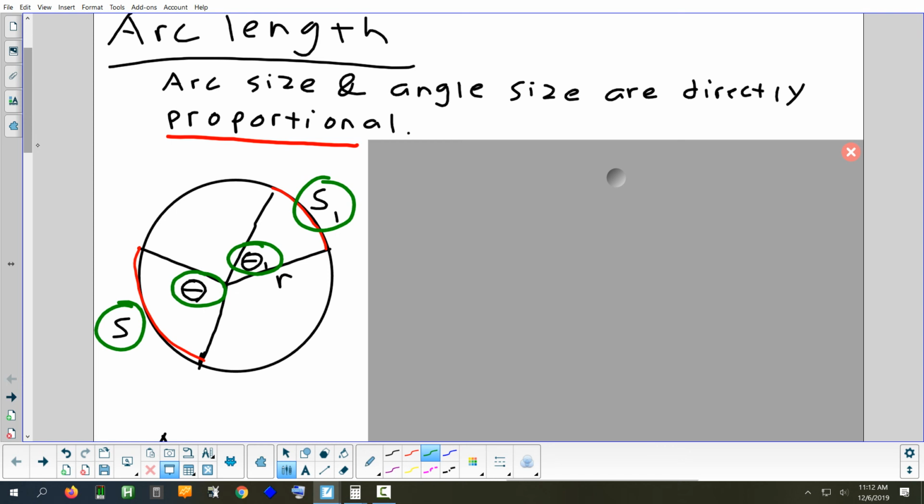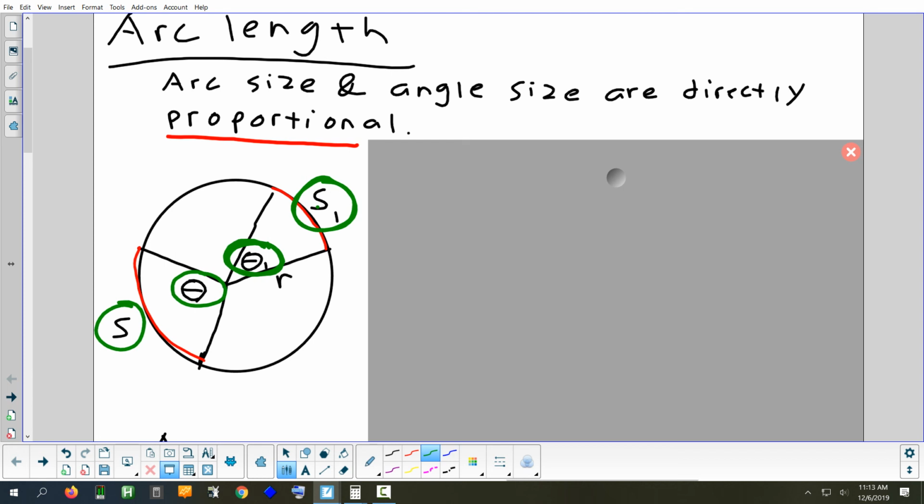So, yesterday, first thing I did is I defined what a radian was visually. And does anyone remember what I said? If you wanted to draw a picture, we could make this arc the same as something else. And if we did that, then we would automatically know the size of this angle.